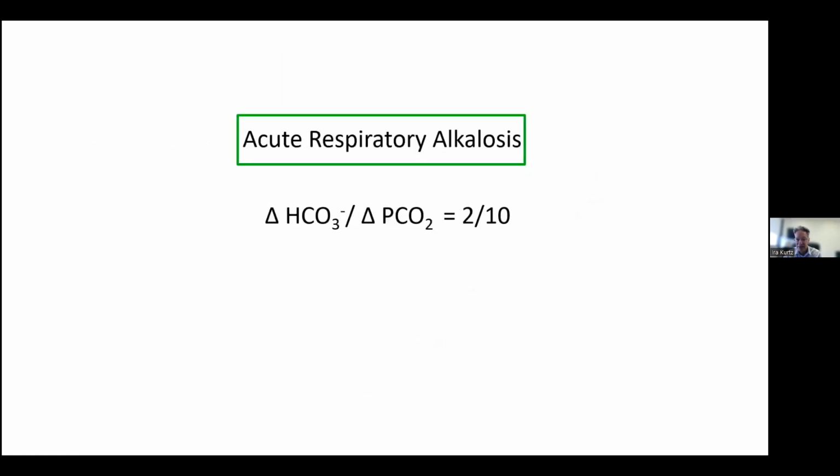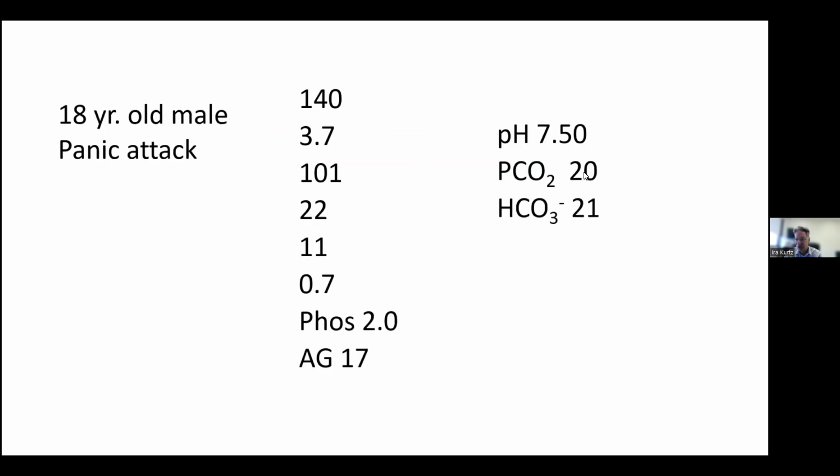Let's go back. But if you keep the PCO2 down at 20 for more than 3 to 5 days, you reach a new steady state after a number of days, and the bicarbonate's going to keep falling. And it'll fall a full 10 from its original level.